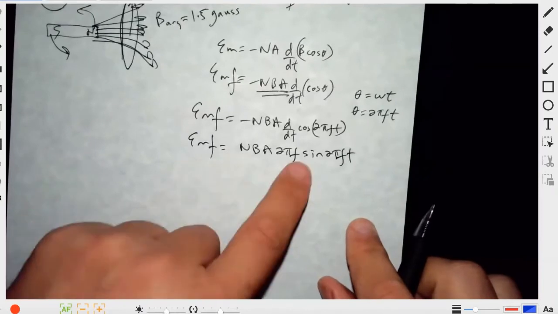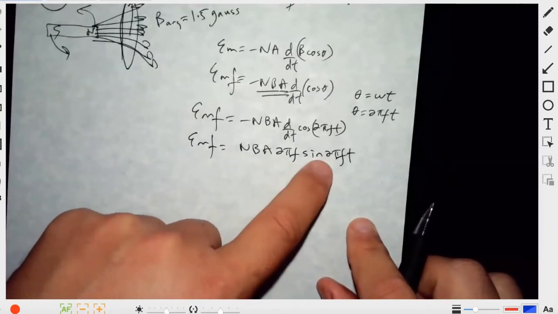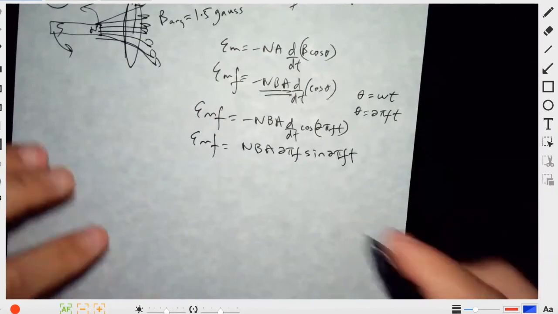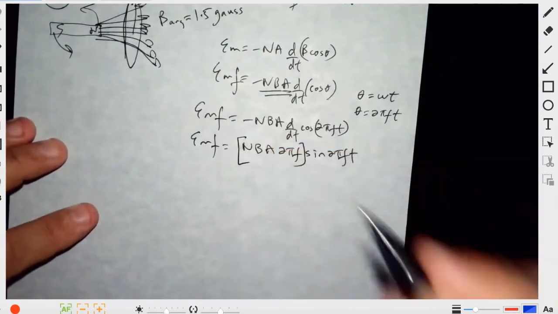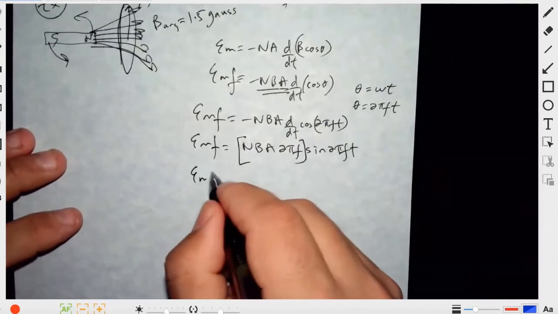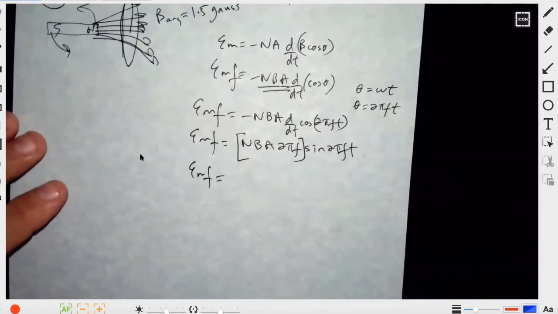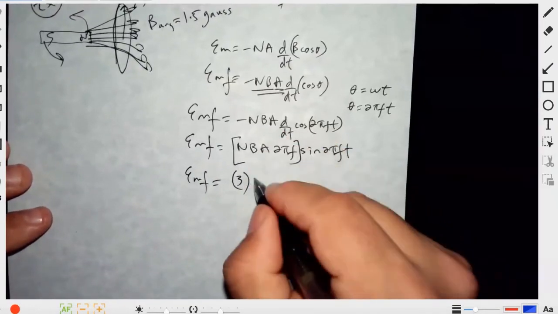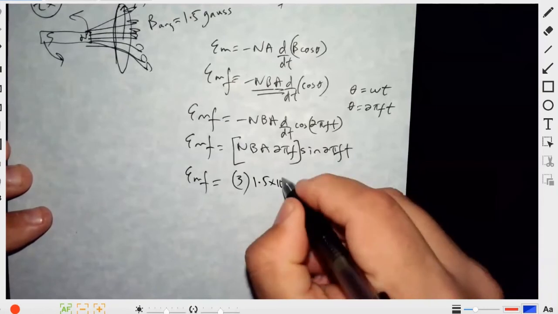So again, the voltage that you create is itself a sinusoidal varying voltage, whose maximum value is this. So in our case, in our simulation, we have what? The number of turns is 3 turns. Our B is 1.5 Gauss, 1.5 times 10 to the minus 4.